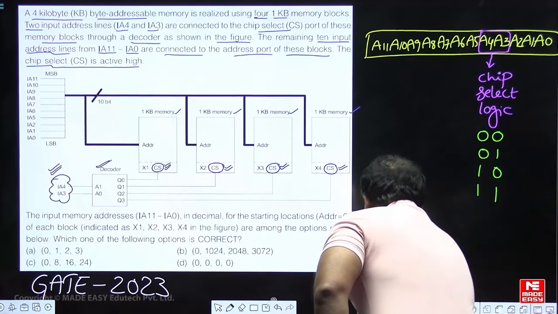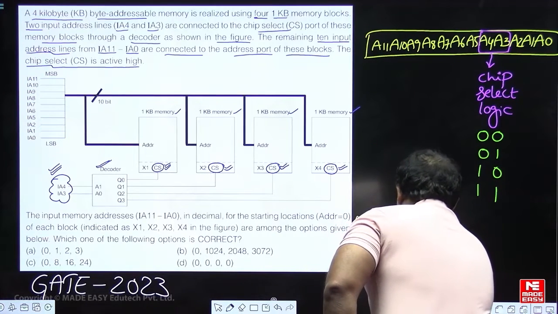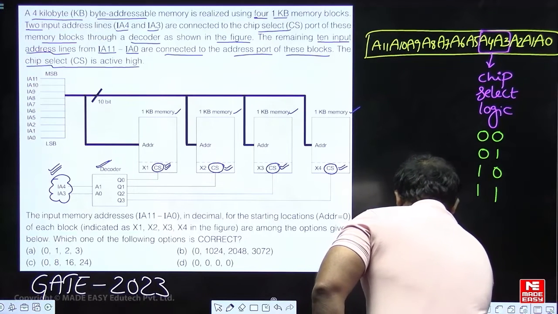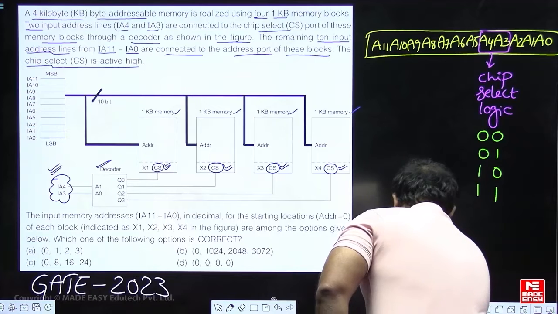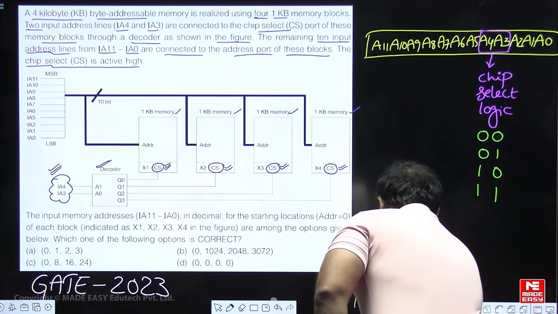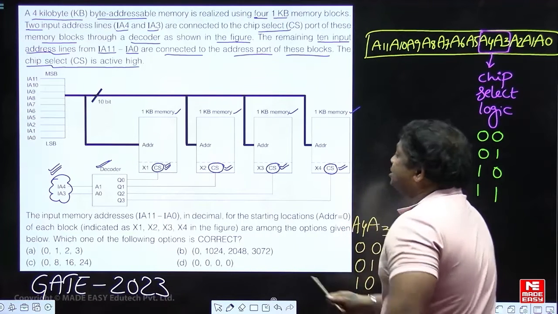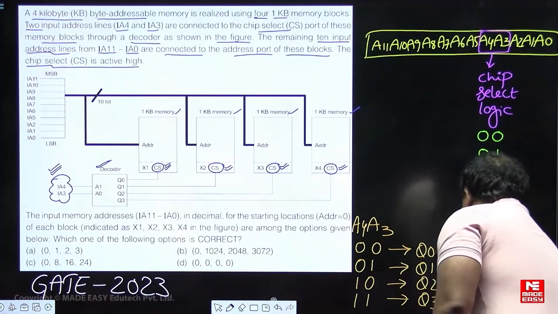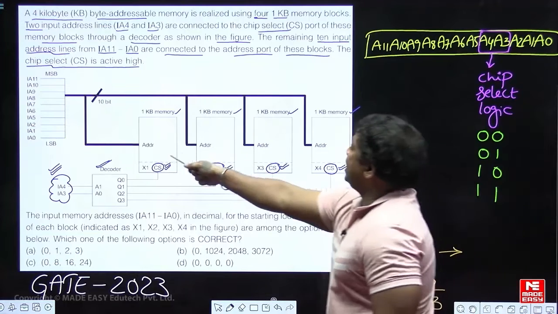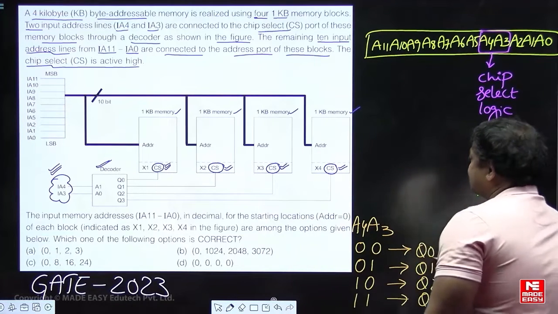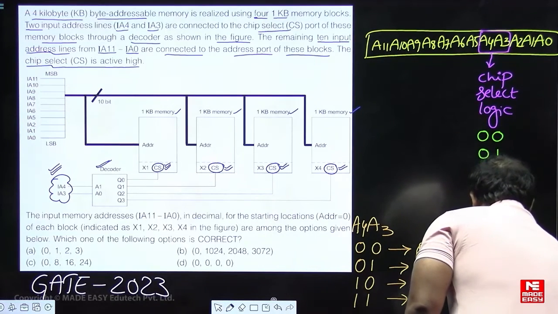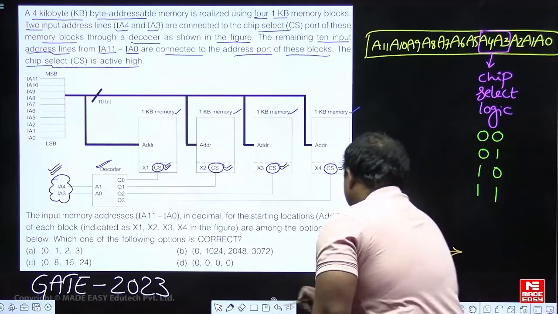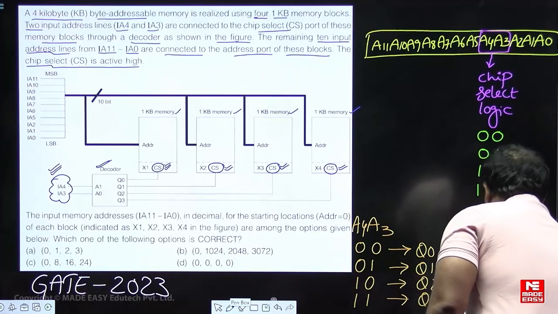So when the status is 0 0, the decoder output is Q0; 0 1, decoder output is Q1; 1 0, decoder output is Q2; 1 1, decoder output is Q3. That is mentioned according to the diagram. Now, when the decoder output is Q0, then the first 1 KB block X1 will be activated, or else you can say the first 1 KB block is activated.